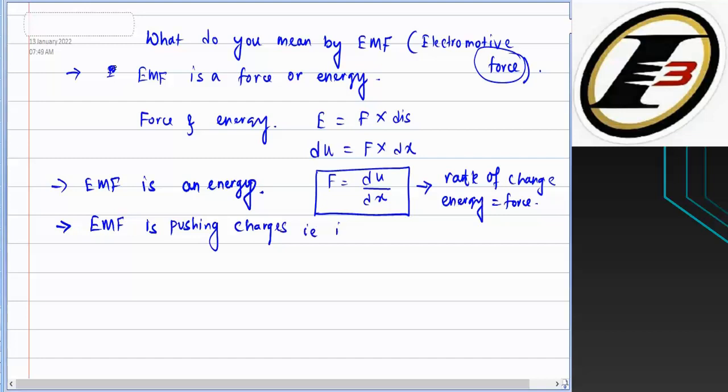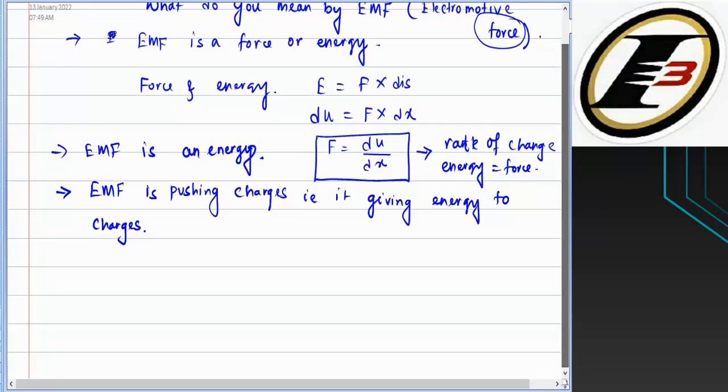That is, it is giving energy to charges. So that means the charges that move, they will get the force from EMF.